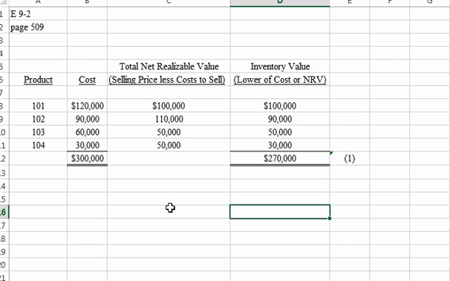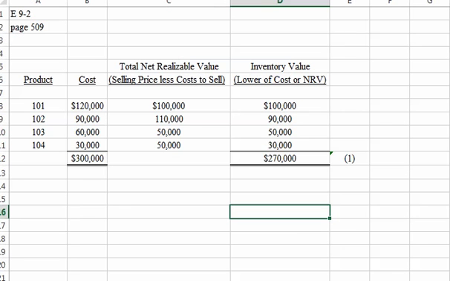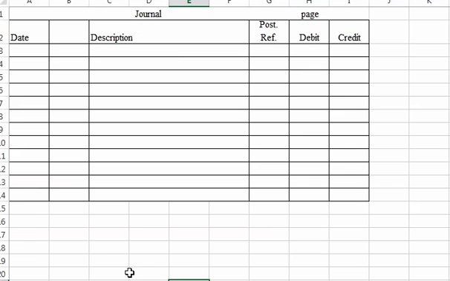Well, let's show you how that would work in journal entry form. Remember, we said we had a loss of $30,000. The previous value of the inventory was $300,000. It's now valued at $270,000. So that's a loss of $30,000. And we said this was December 31, 2016.